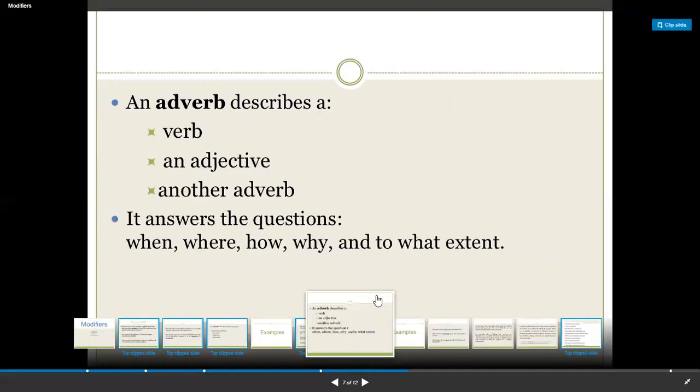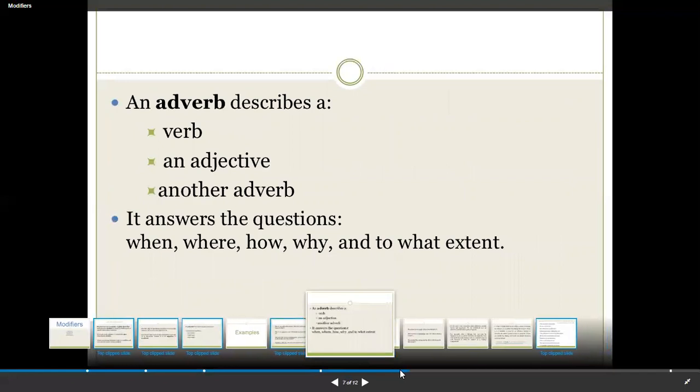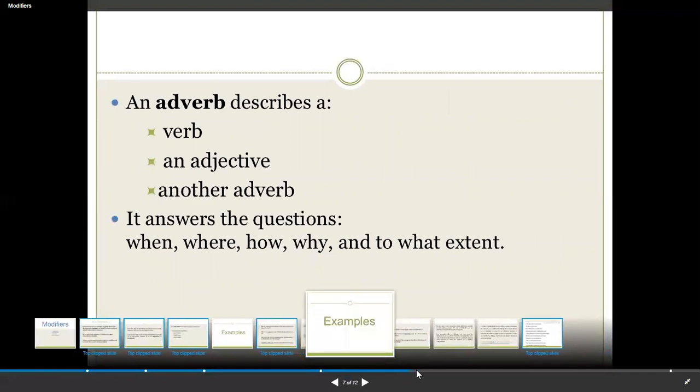So what we need to know over here is, what is an adverb? In most cases, it is any word that gives additional information about a verb, an adjective, or sometimes another adverb itself. So we basically need to be well versed with words like when, where, how, and why.